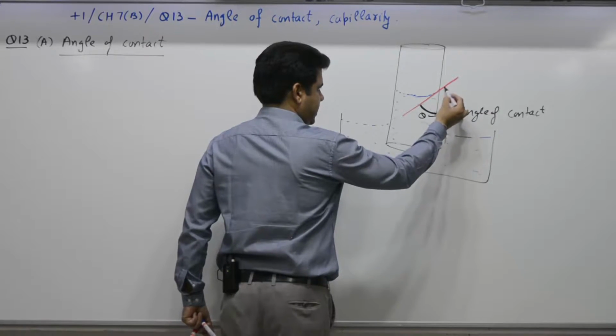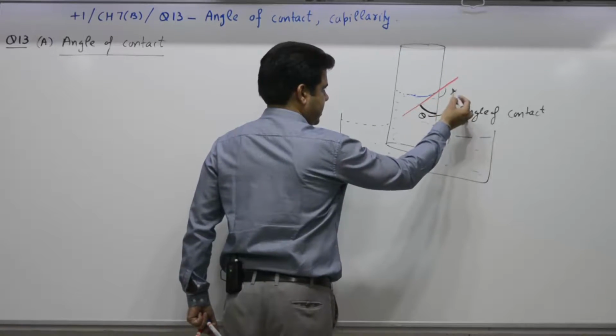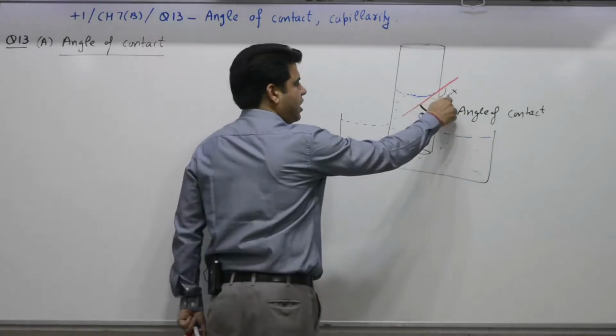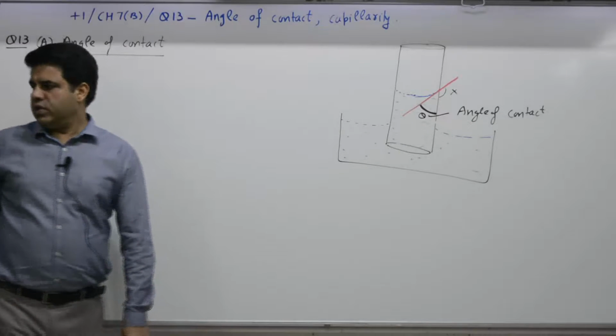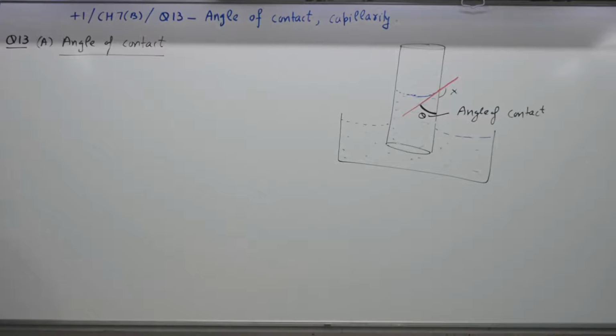It is not this angle, it is not outside, it is inside. So, I repeat, angle of contact between a liquid and solid is defined as angle enclosed between the tangent to the liquid surface at point of contact and the solid surface inside the liquid.